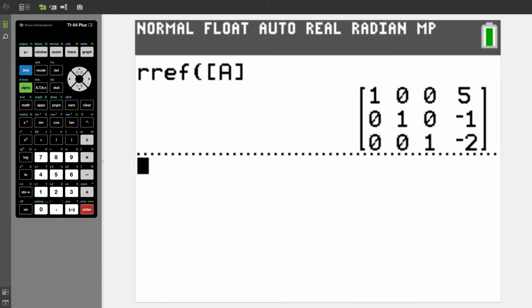And there it is. Now, if you're getting something different than I am, I would go in and check to make sure you wrote the right numbers for your coefficients, signs, and everything. Okay. But this is saying x equals 5, y equals -1, z equals -2. So I have my solution there.